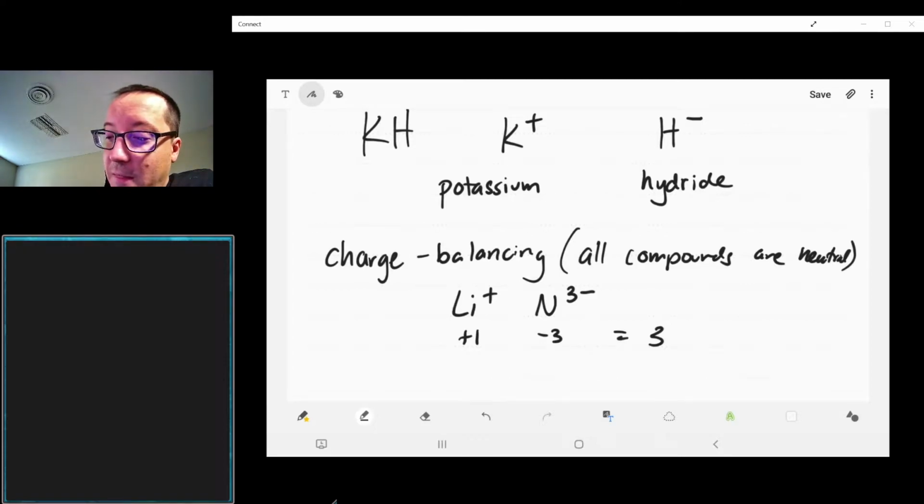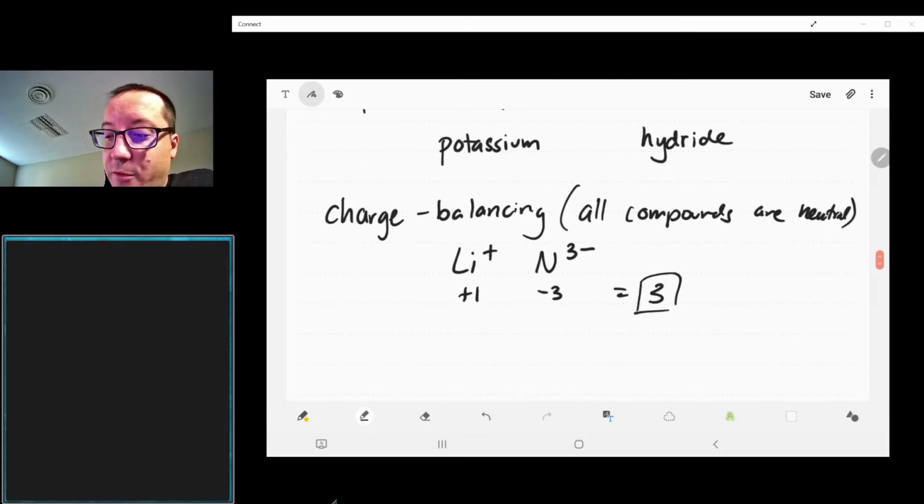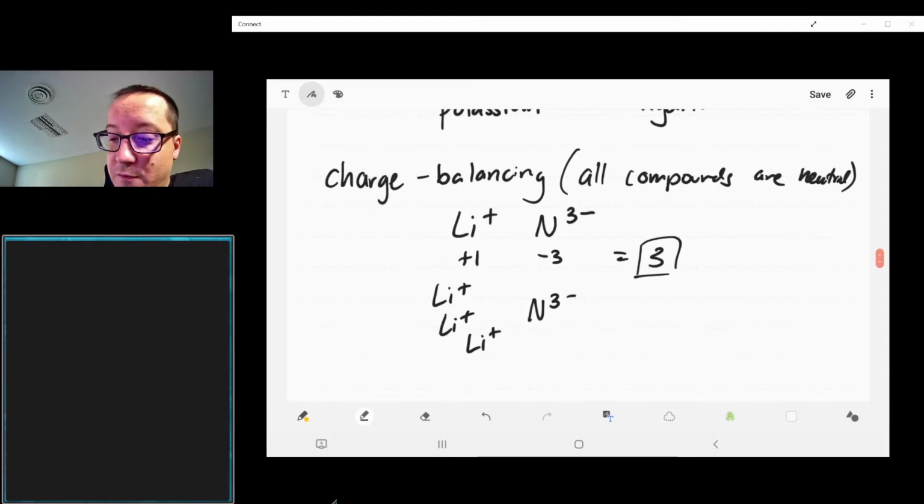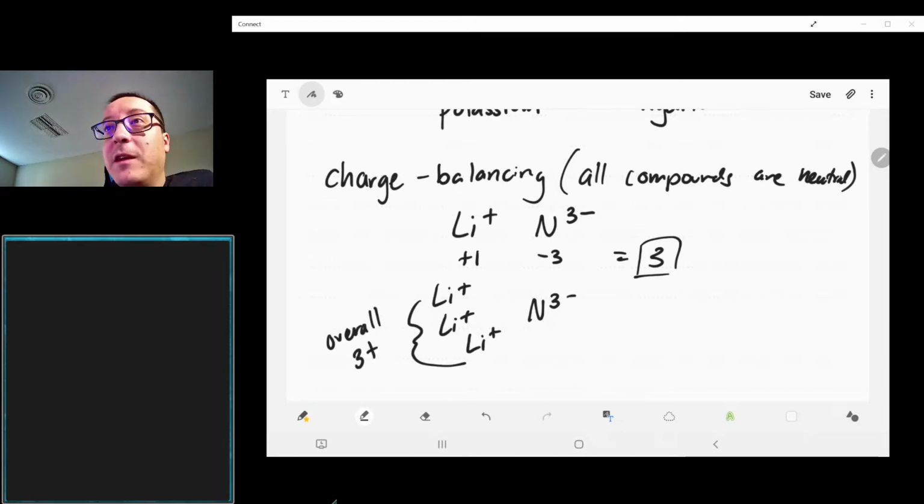So if we think about that, if we want them to both have a charge of 3, well, N already has that, right? We don't have to worry about that. So how do we make it so that lithium will end up having a charge of 3+? Well, lithium can only ever be 1+. We can't change its charge. So what we can do is just have 3 lithium ions there. And as a result, overall, that would be 3 positives.